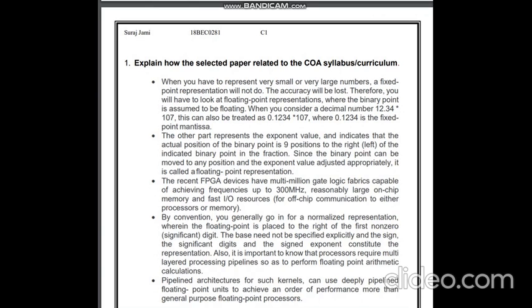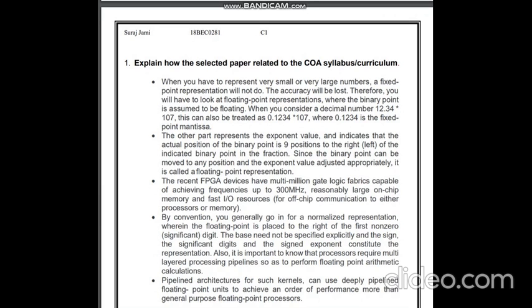The other part represents the exponent value and indicates the actual position of the binary point relative to the indicated binary point in the fraction. Since the binary point can be moved to any position and the exponent value adjusted appropriately, it is called a floating point representation.